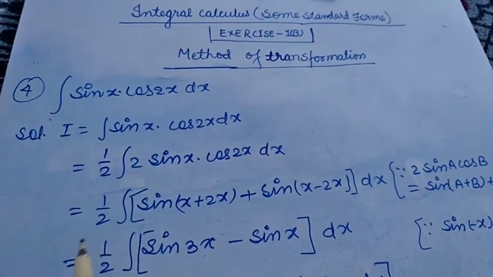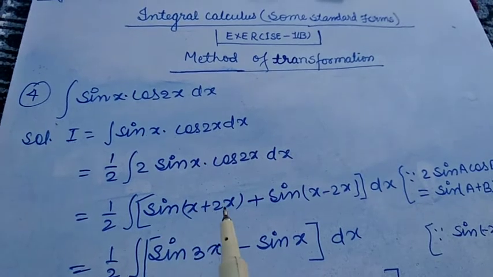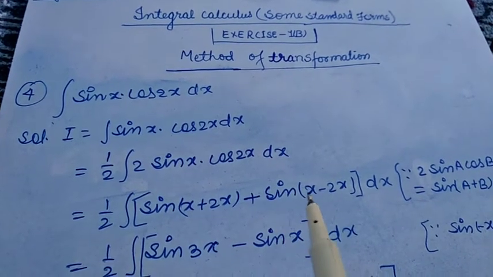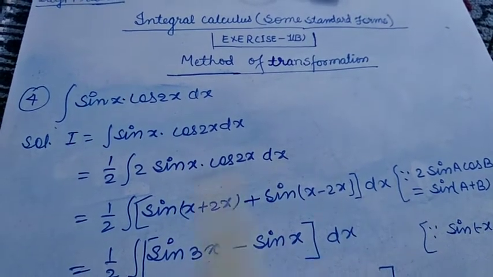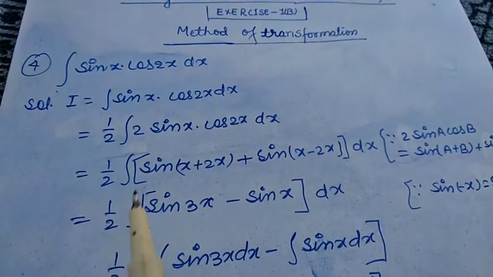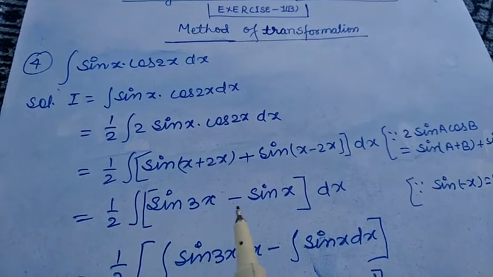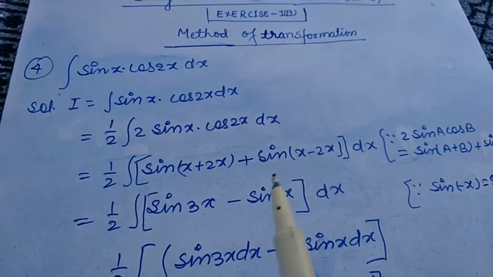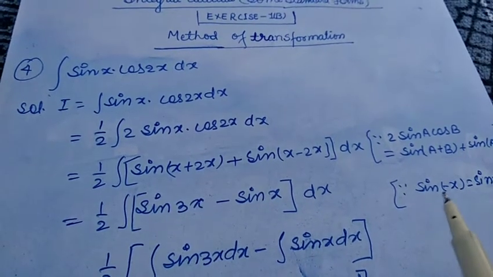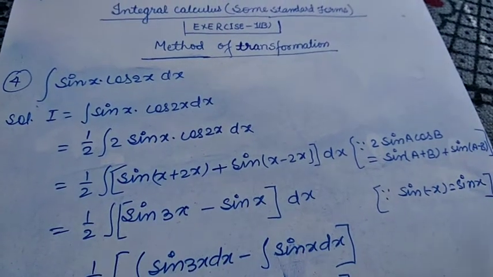So it will be 1 upon 2 into integration of sin(x plus 2x) plus sin(x minus 2x) into dx. In the next step, we have written 1 upon 2 into integration of sin 3x minus sin x, because we know that sin of minus x is equal to minus sin x.